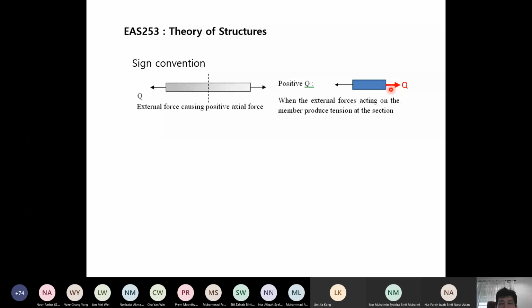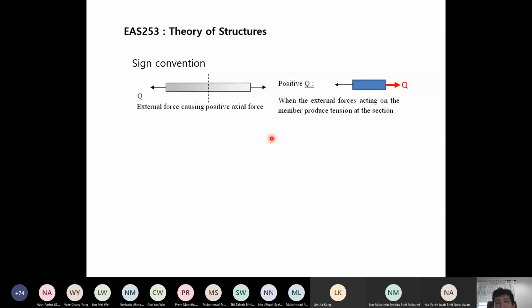Remember, this force is the action of the other part. So the other part is pulling this section. So the sign convention positive Q that we adopt here means that we assume that particular section is in tension. We always assume first that particular section is in tension.